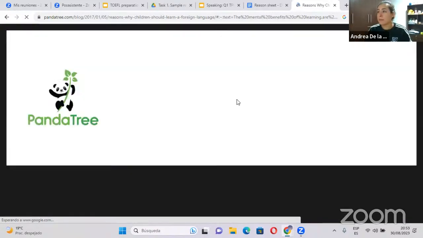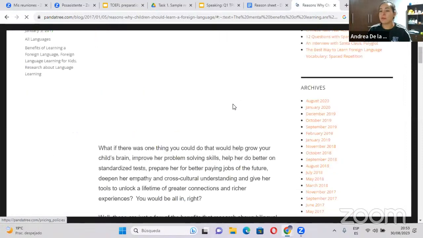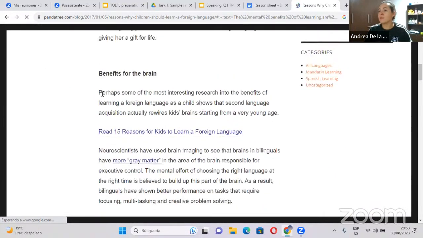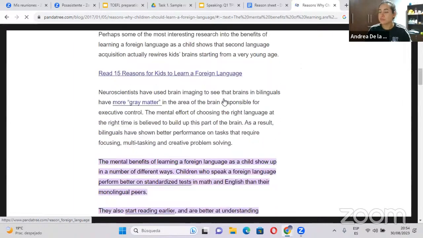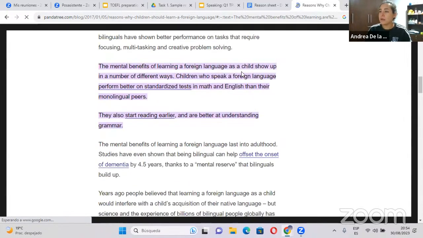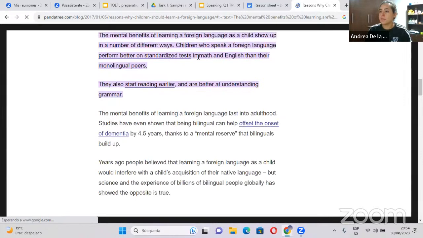So look at this. You click on the first one that appears, and you're gonna start developing ideas, and you're gonna start expanding your vocabulary, not only vocabulary, but your expressions, right? So this is what you were saying, benefits for the brain, right? And obviously you're not gonna go for the hardest ideas, but like, let's say math and English are related, let's say, right?